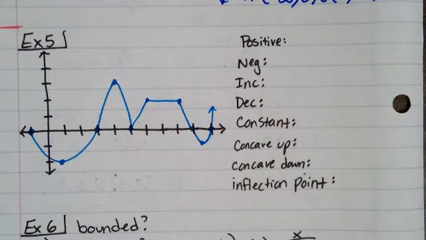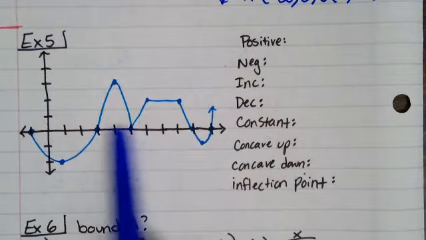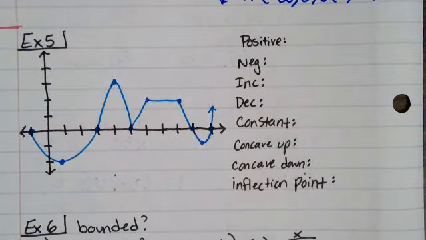You might be saying, what if it's not just positive or negative? There are intervals where it is positive, there are intervals where it is negative, there are intervals where it increases, and intervals where it decreases. And they want us to give the x values. That's what our intervals are going to be notating, the x values where those are happening.